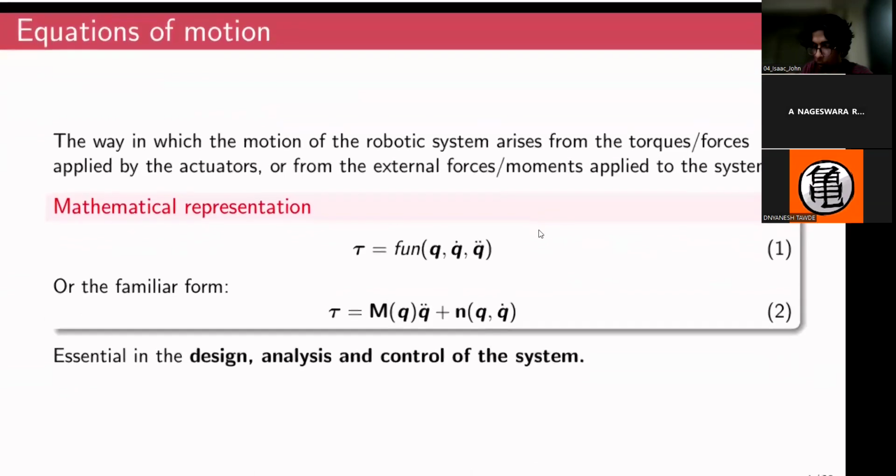And then what we essentially require from the dynamic model is the governing equations of motion, right?